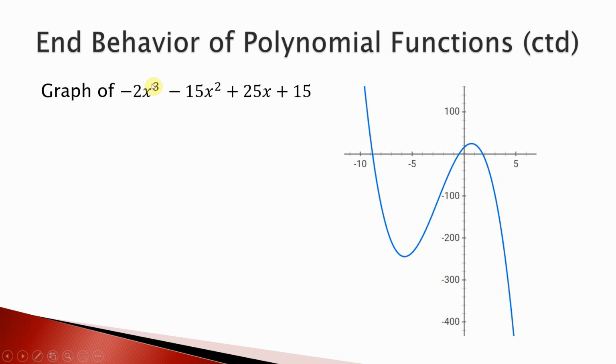When you multiply a very big negative number by a negative number, you get a very big positive number. So when you go to the far left, this will go upward, because x is negative, x cubed is negative, and multiplied by a negative number it becomes positive.